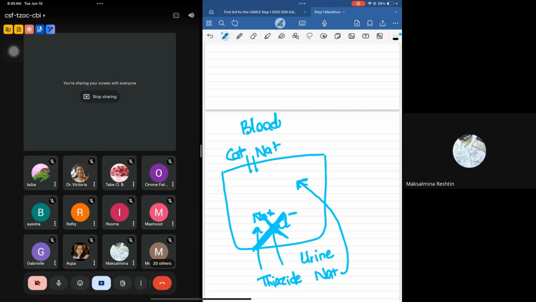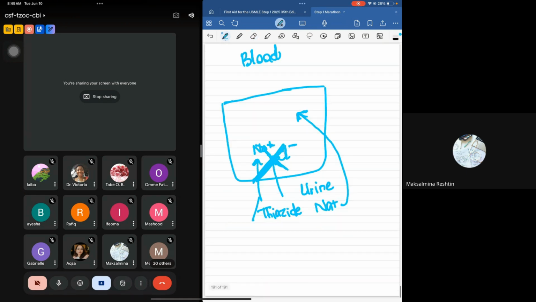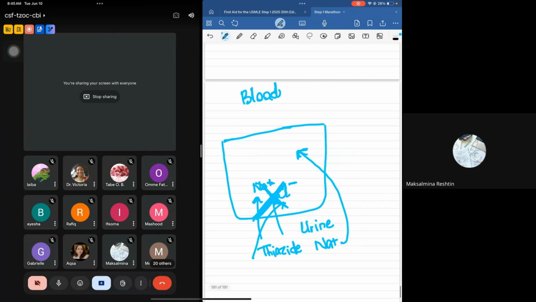Now, once the sodium is blocked, it's going to pump calcium out. Since sodium cannot come from here, we need another way for sodium to come into the cell. It's going to come from the blood.